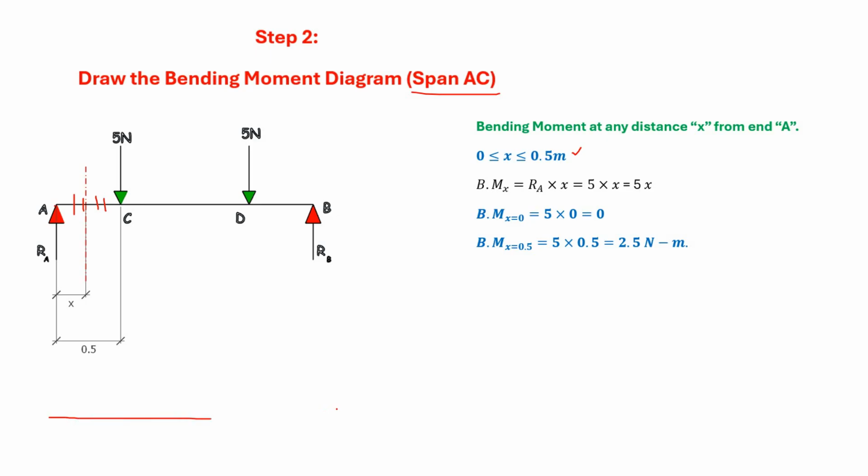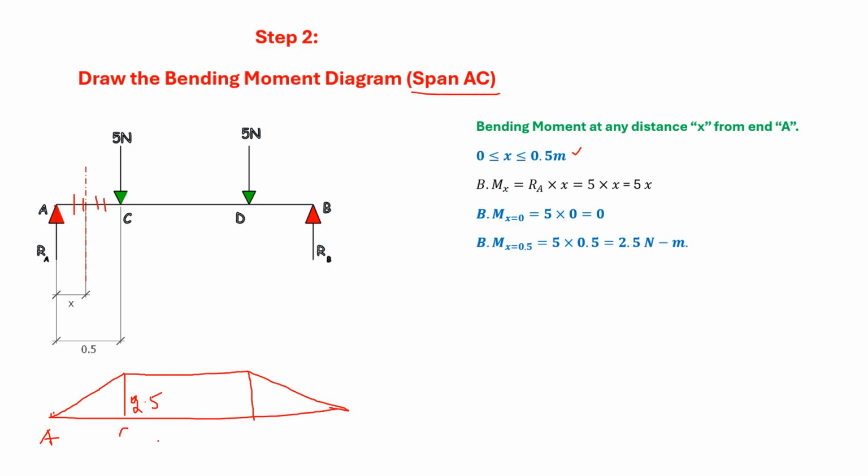So if you draw the bending moment diagram, at this point it is 0, and at this location it is 2.5. If you do further calculations, this is the shape of the bending moment diagram. But we have found it only for the span AC.